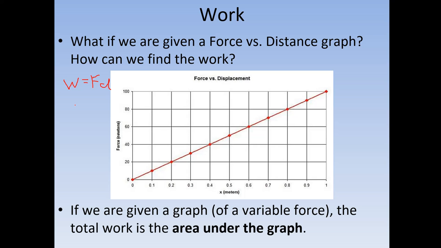So, in order to find the work on a graph like this, you have to take the area. Again, you're not allowed to use an equation, because if you used 60 newtons times 0.6 meters, you will get the wrong answer. So you have to do area. There's no other way around it.